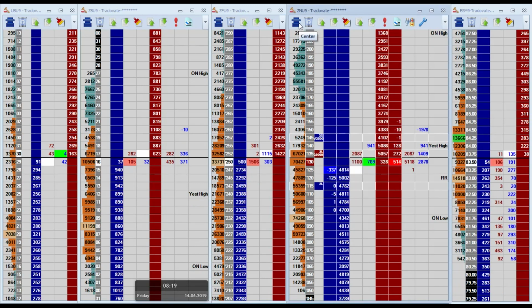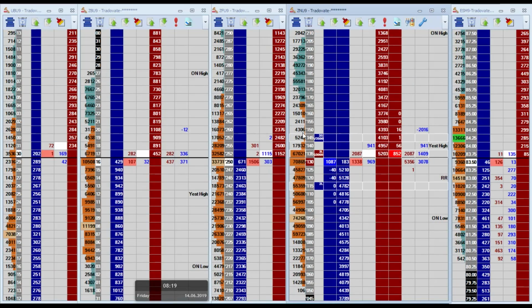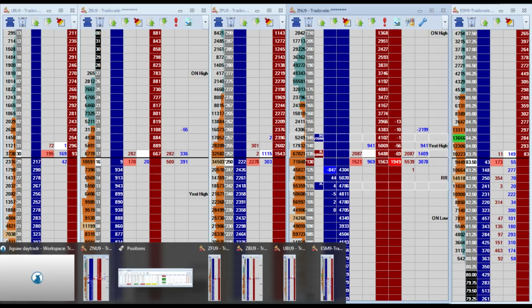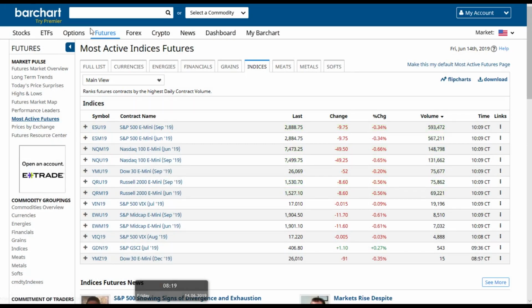Let's see where they're trading at. September's, yeah, it's starting to, still about even. But I'm expecting, if we do get another push down lower, I'm expecting this to trade back down to, let's see exactly where that level was here.